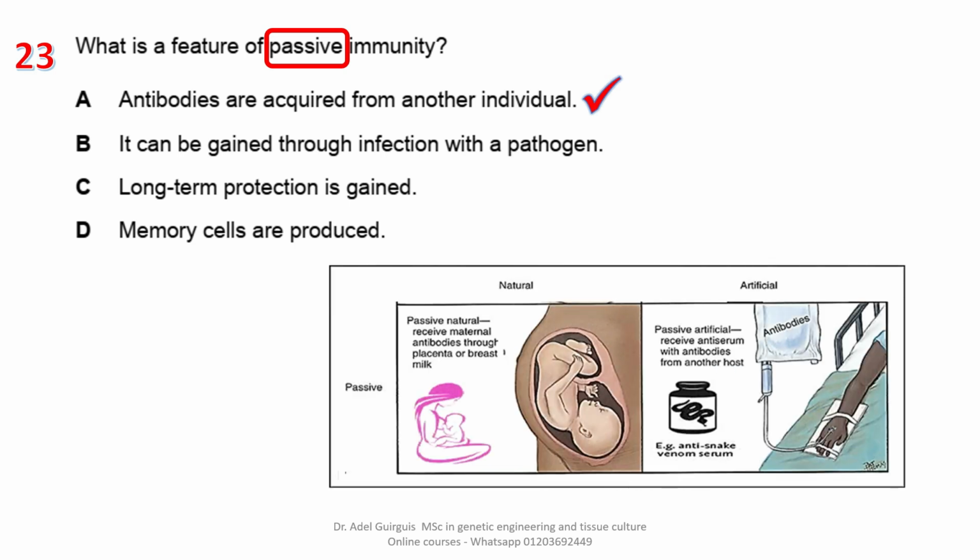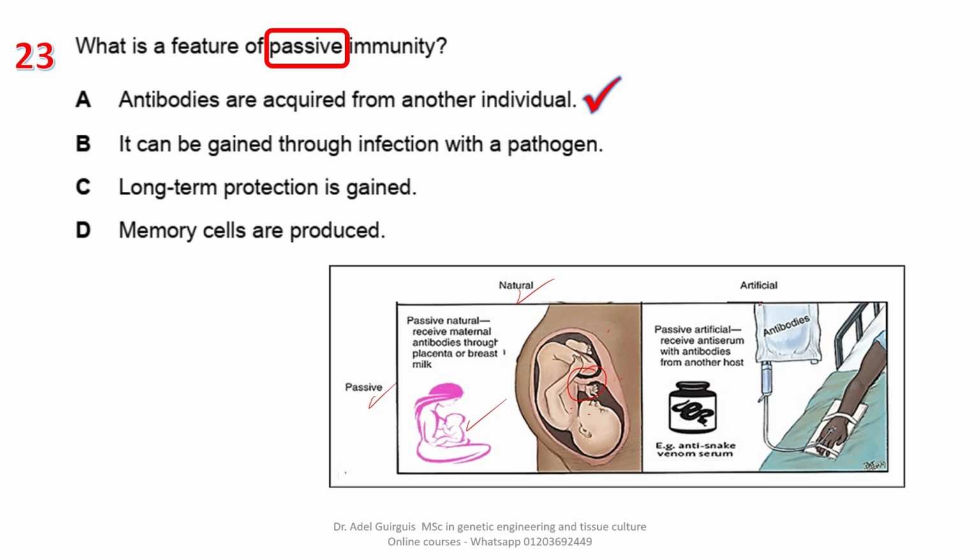Like when a fetus inside the uterus of his or her mom obtains ready-made antibodies from mother's blood through placenta. This is natural passive. Also, a second gift of antibodies is given when the child is lactating milk from his or her mother. During lactation, this is passive natural immunity.